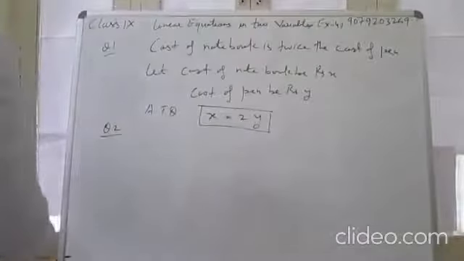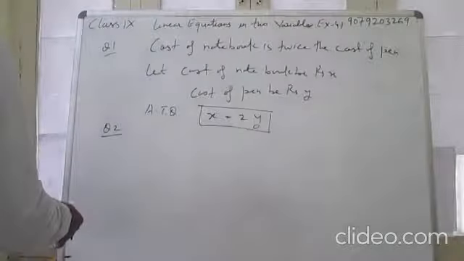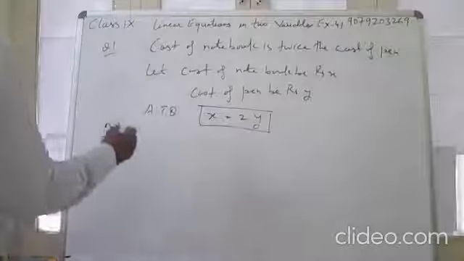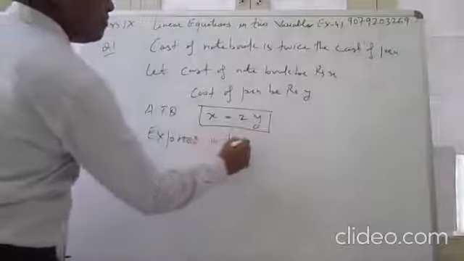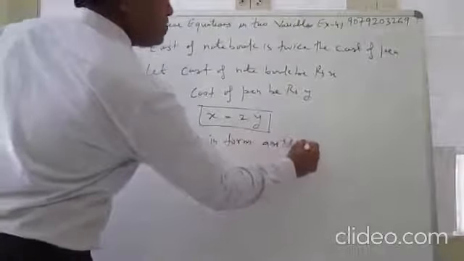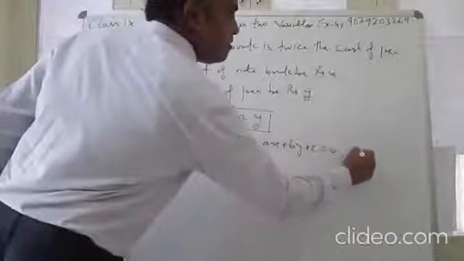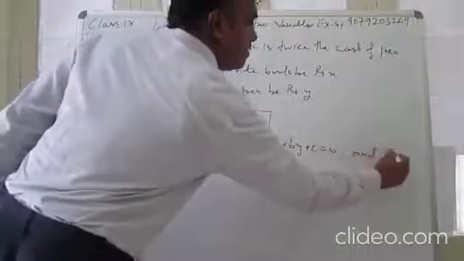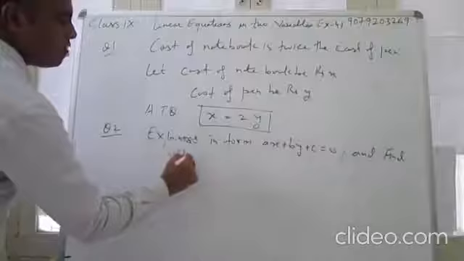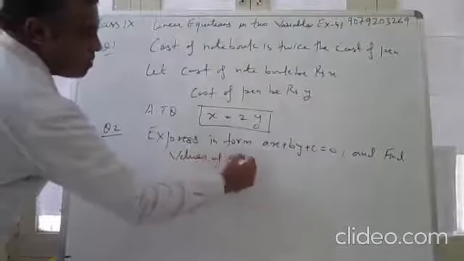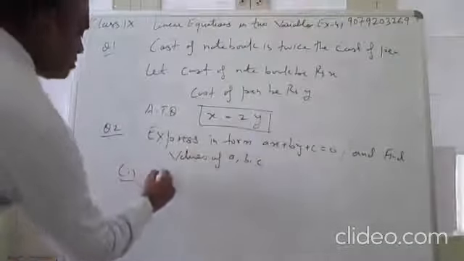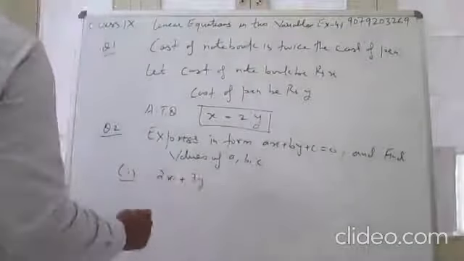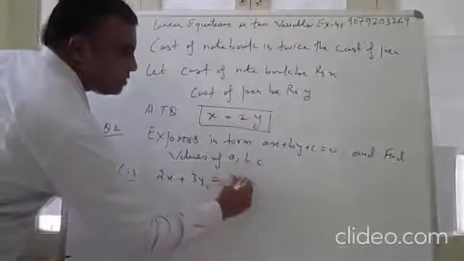Express the following linear equations in the form ax plus by plus c is equal to 0 and indicate the values of a, b, c. First part: 2x plus 3y is equal to 9.35 bar.